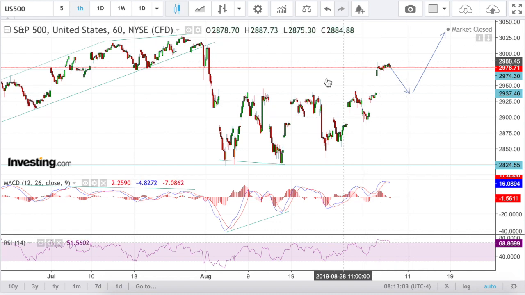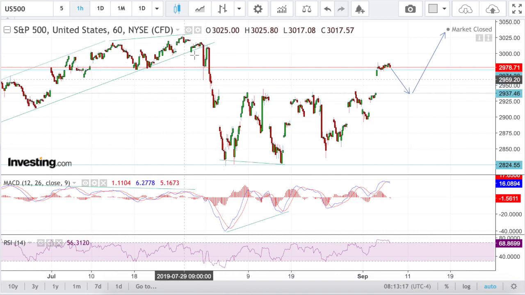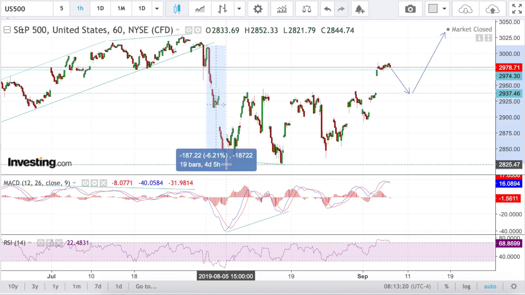And we could definitely see a stock market crash in the near future, especially following this huge waterfall selling. This is not very good news for the stock market. This type of selling doesn't happen very often, where you lose 6% of the value of the S&P 500 within a couple days.